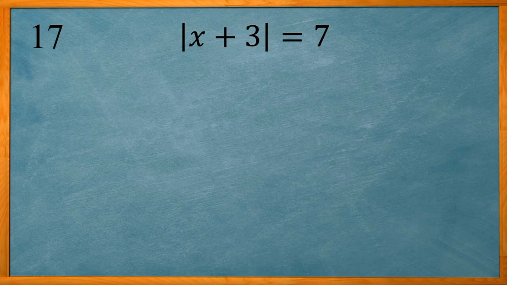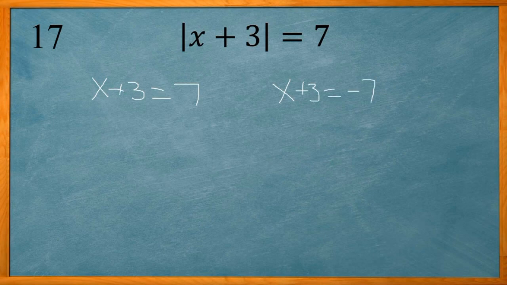All right, so one step farther than that, we have more than one term inside the absolute value. We have the absolute value of x plus 3 equals 7. So if we know the rules from before, what's inside the absolute value could equal 7 or -7. Both of those would work out. So if I did that, x plus 3 equals 7, and x plus 3 equals -7, those are two scenarios where those would both work out inside here.